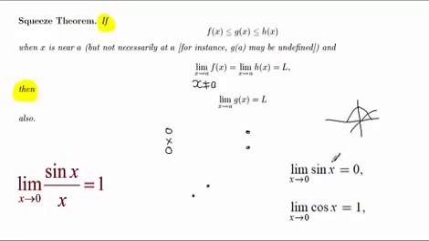We know that if a function f is defined and continuous at A, then the limit of f of x as x tends to A is equal to f of A. As you can see, 0 is equal to sine of 0. The same applies to cosine: cos of 0 is equal to 1. So they are in agreement with this.